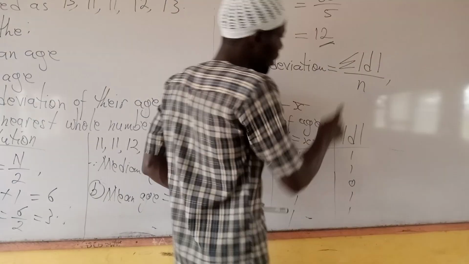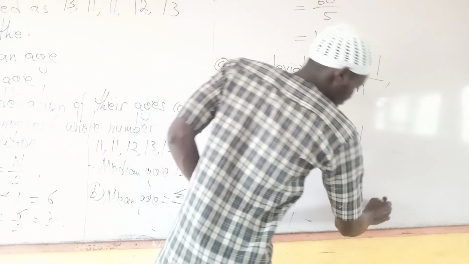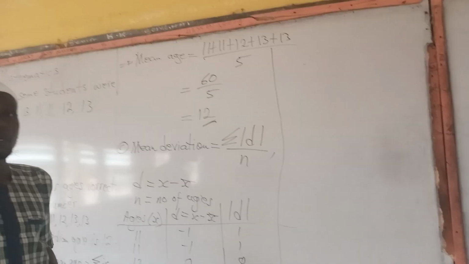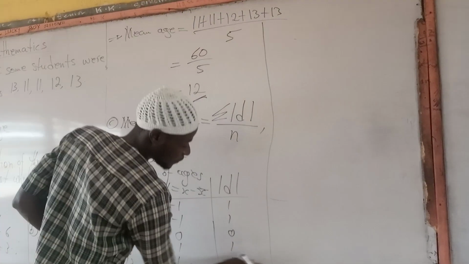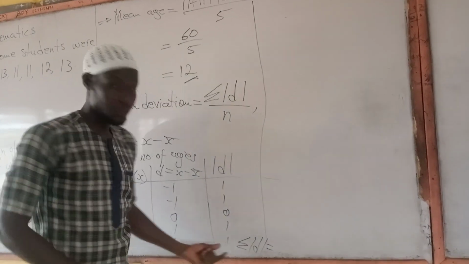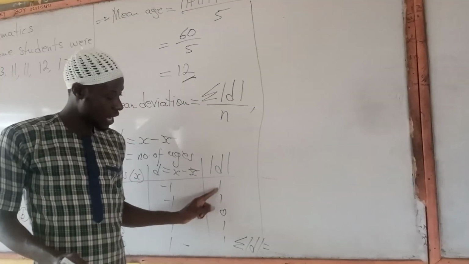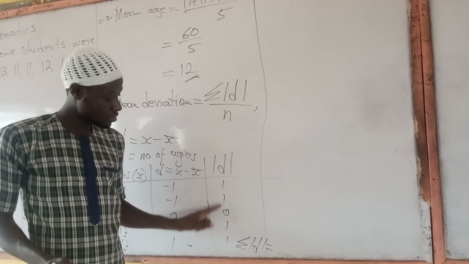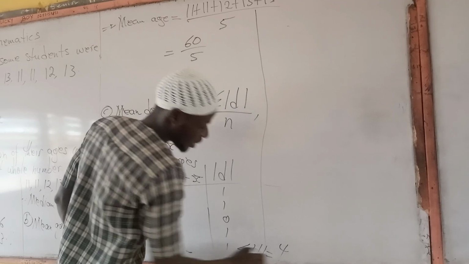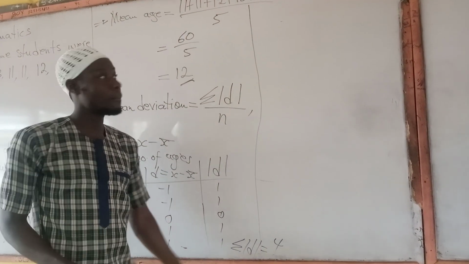Then we come and find the sum of the absolute of the deviation. So we add the values here, 1, 2, 3, 4. So 1 plus 1 plus 1 plus 1 gives 4. So the sum of the absolute of the deviation is 4.